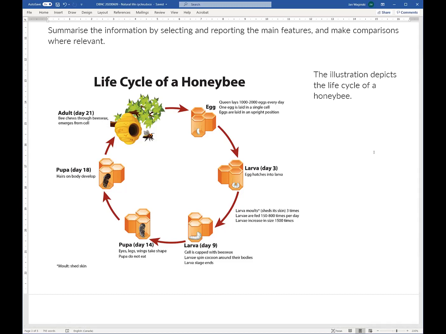Eggs are laid by the queen every day in a single.